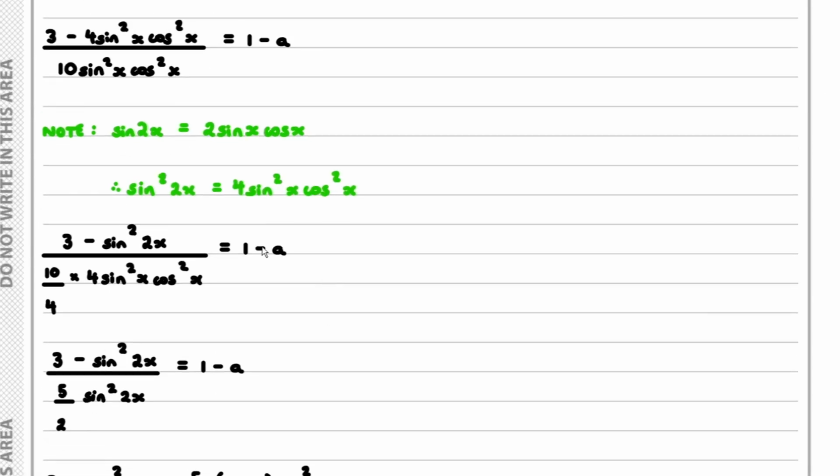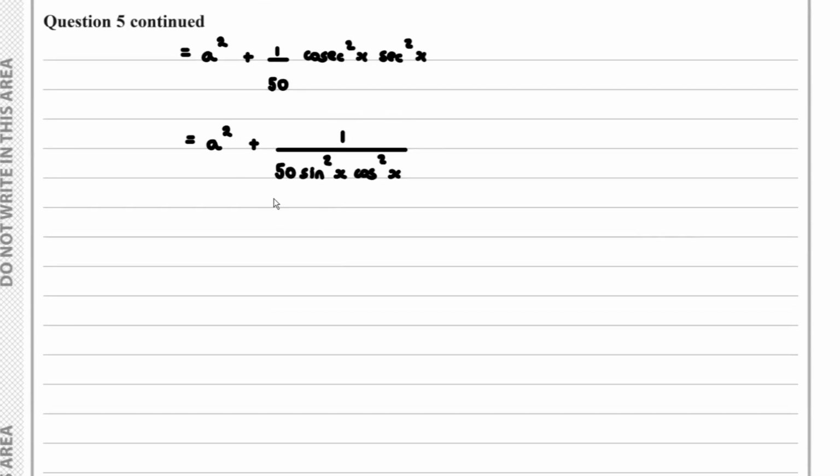And as we used before, the result where we have sine squared 2x equals 4 sine squared x cos squared x, we can use that here. So I've got a squared plus 1 over 50 over 4 times 4 sine squared x cos squared x.